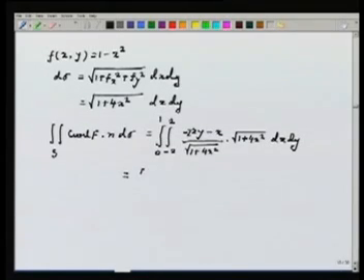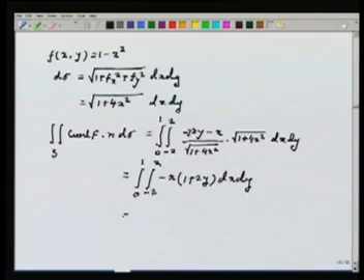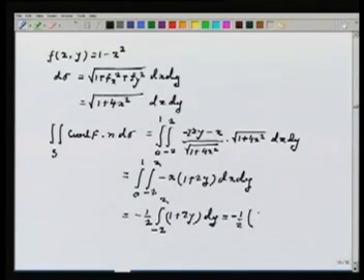So what I get is integral from 0 to 1, integral from minus 2 to 2, minus x into 1 plus twice y dx dy, which then is minus of, first I do the x integral, that is x square by 2, but the limit is from 0 to 1, so I get half, then minus 2 to 2, 1 plus 2y dy, which is minus half into y plus y square from minus 2 to 2.